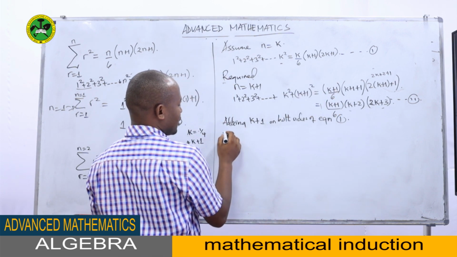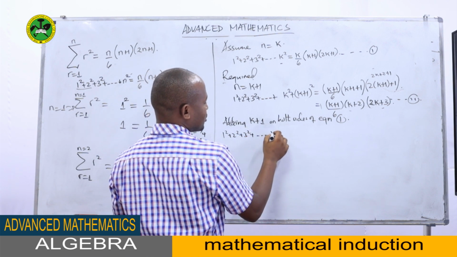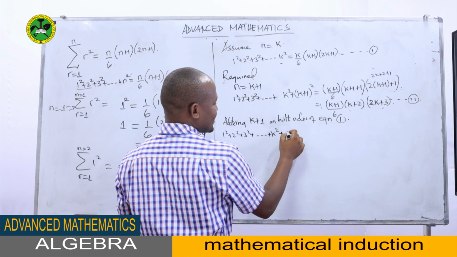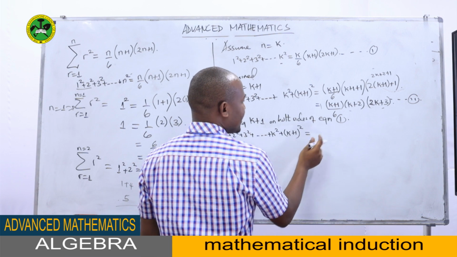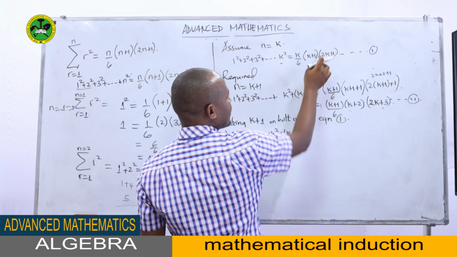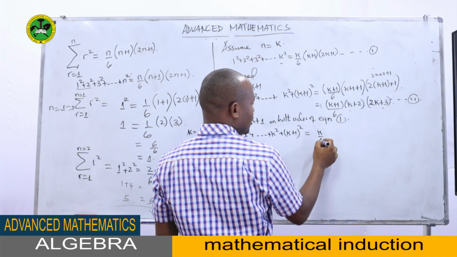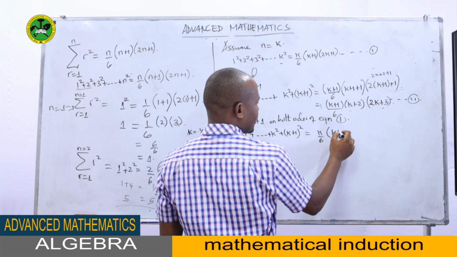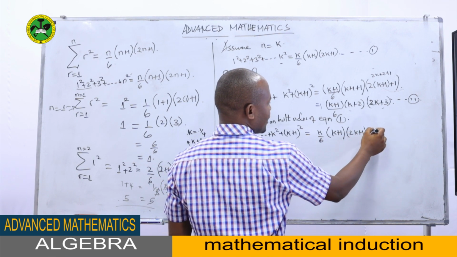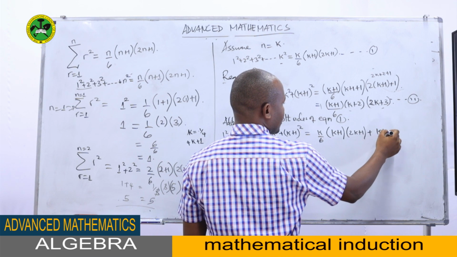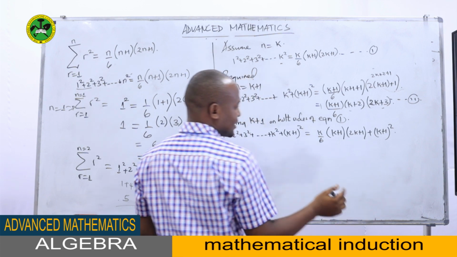We shall have 1 squared plus 2 squared plus 3 squared down to k squared plus k plus 1 squared, and on the other side of equation number 1, k over 6 times k plus 1 times 2k plus 1 plus k plus 1 squared.